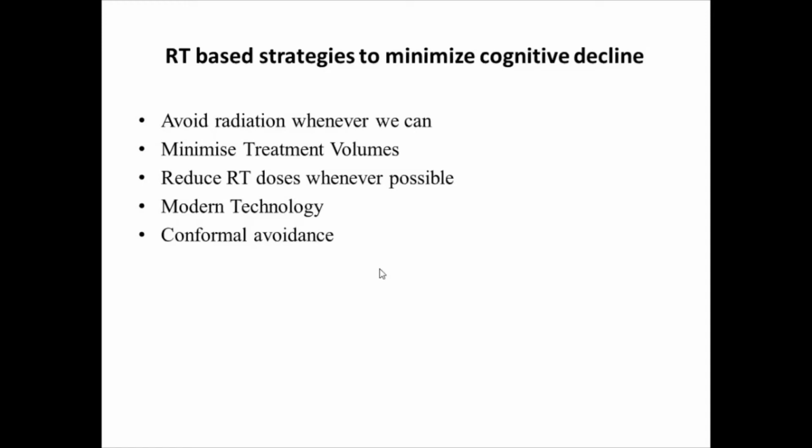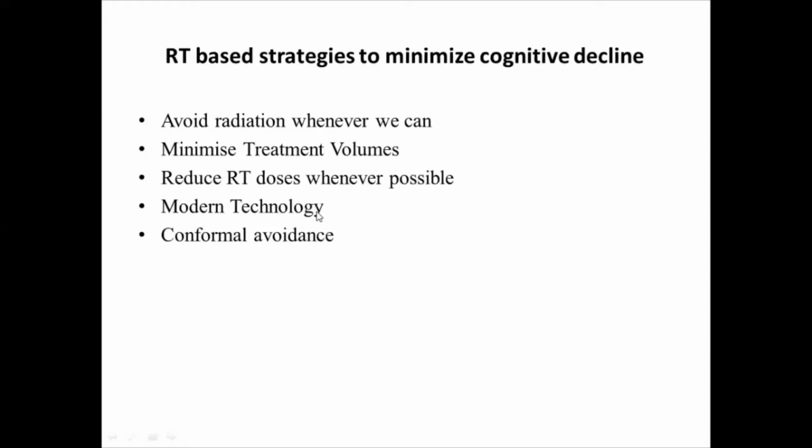How can we use RT doses? By obviously reducing the dose of craniospinal irradiation, or we can give whole brain RT in PCNSL. And what are the modern technologies we can use? Accurate target volume delineation using multimodal imaging, minimal PTV margins, high conformation IMRT or particle beam treatment, or radiation delivery under image or stereotactic guidance.